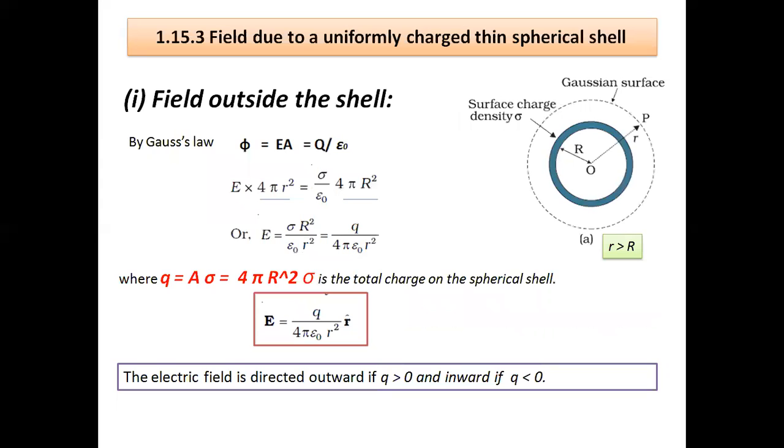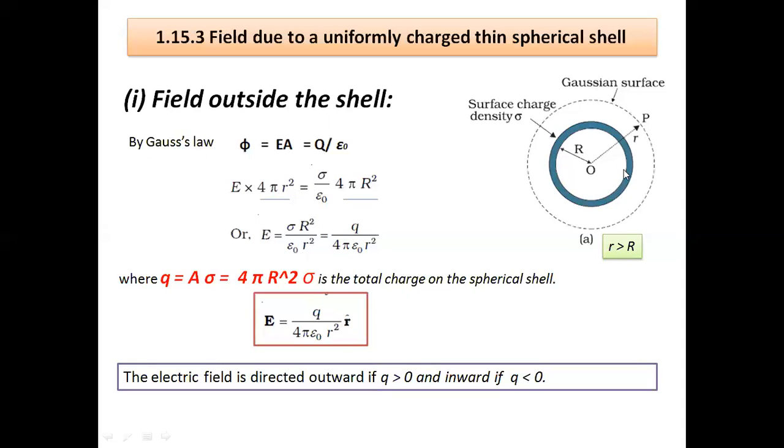Now using Gauss law, we need to find the field due to a uniformly charged thin spherical shell. Consider that this is our origin, and the surface has distributed charge density sigma.